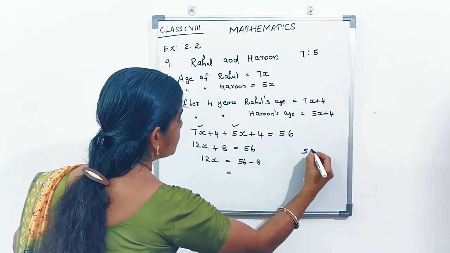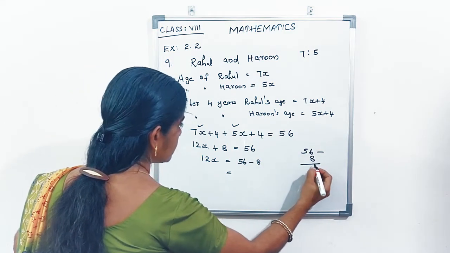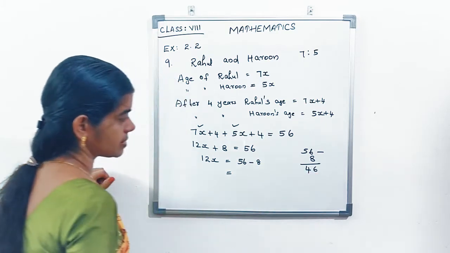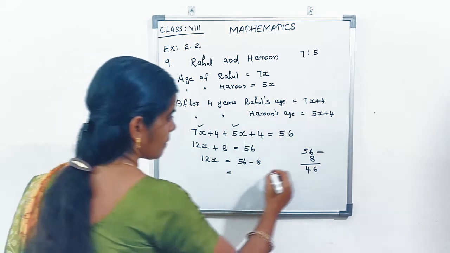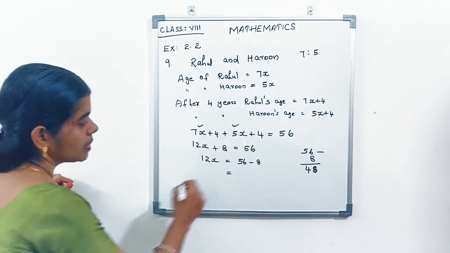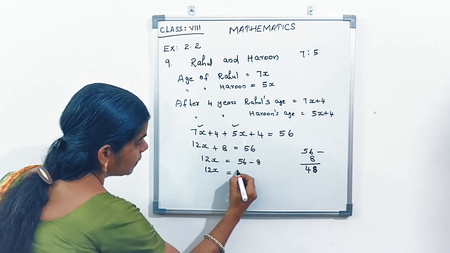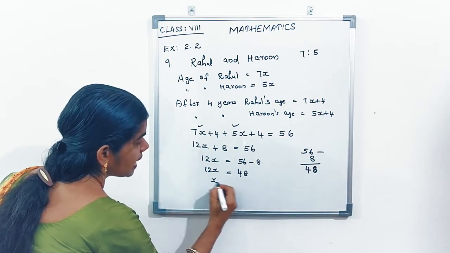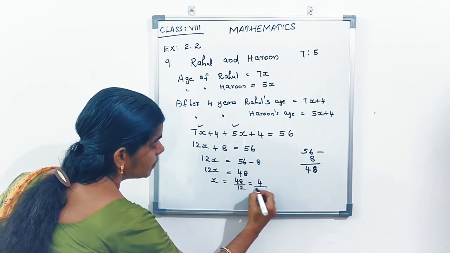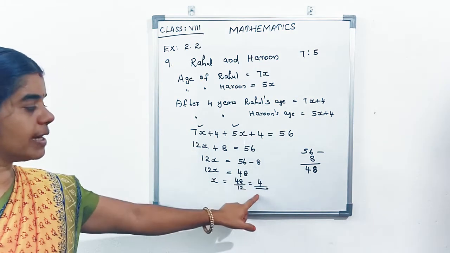Then we do 56 minus 8, that is 48. Then 12x is equal to 48. Therefore, x is equal to 48 by 12, that's equal to 4. Then the x value you got is 4.